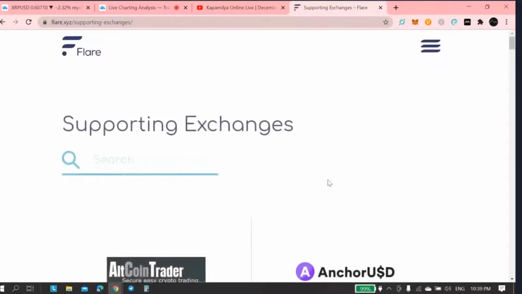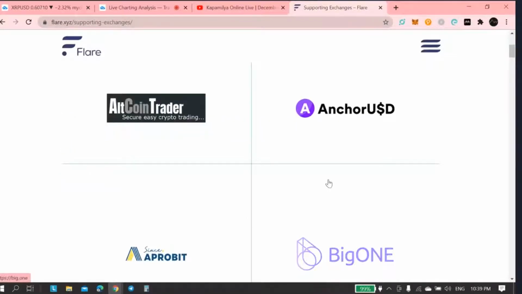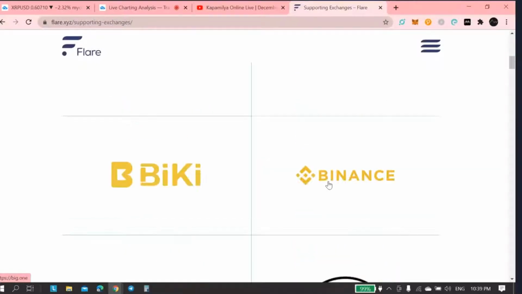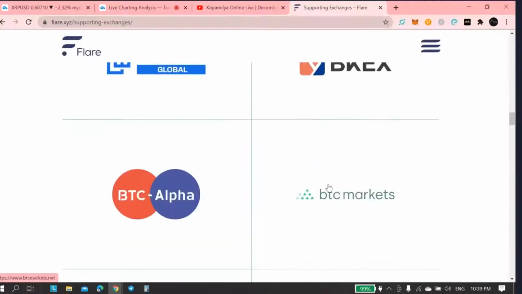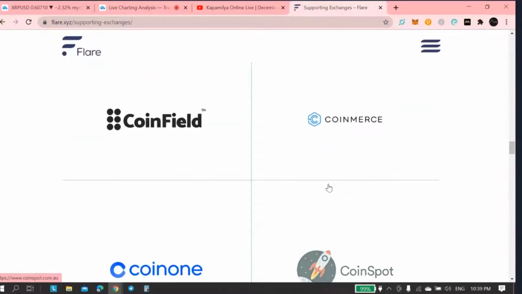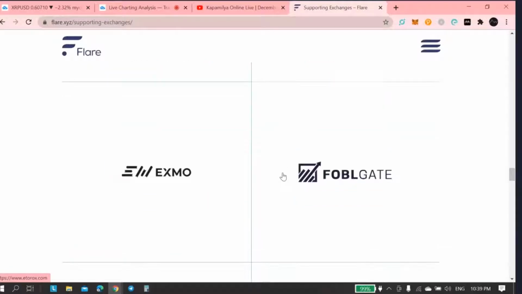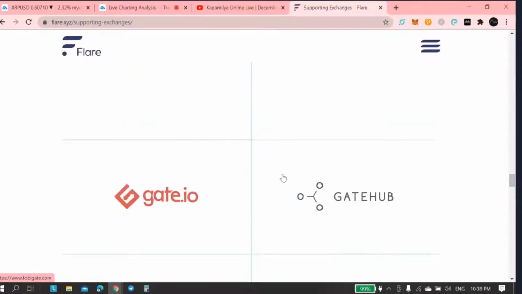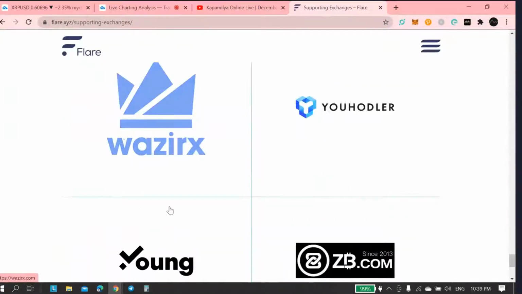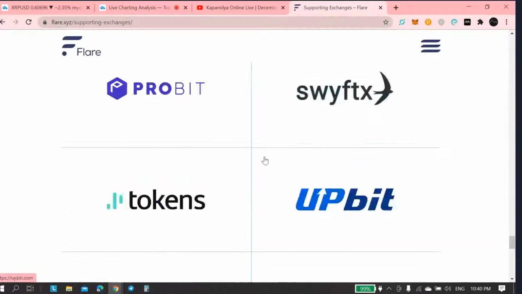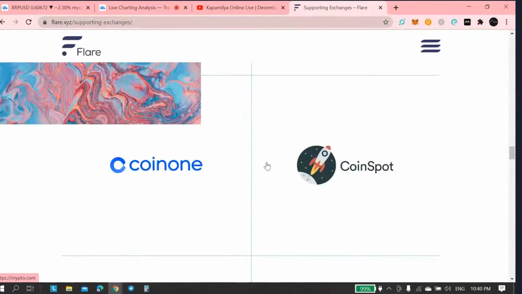For my fellow kababayans that use a local virtual currency exchange, they are actually not included here. So you can look at this website and see the different exchanges and wallets here. And then you can transfer it.